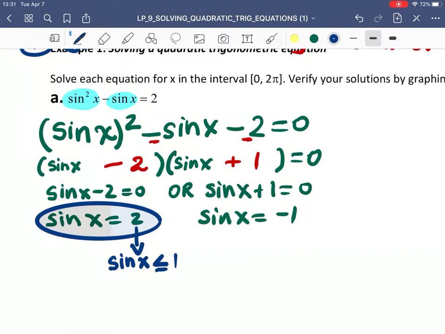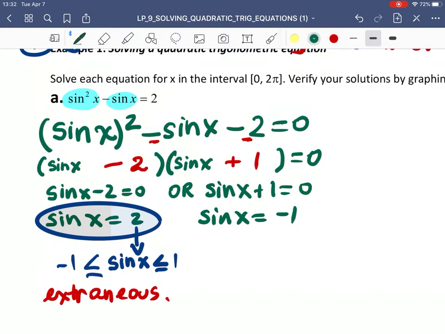Sine has to be less than or equal to 1, and obviously we remember that it is bigger than or equal to negative 1. So this is what we call an extraneous root or solution. And that's where our work stops for this one.